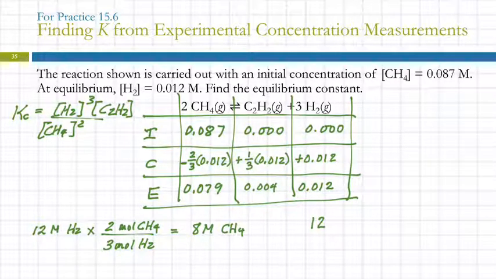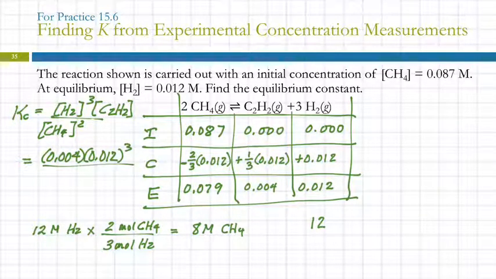With all these lines in here, I'm just not really seeing my arrows very well. It's these two on top. This one's cubed, this one's just single, and CH4 on the bottom. So I've got 0.004, 0.012 cubed, and 0.079 squared.